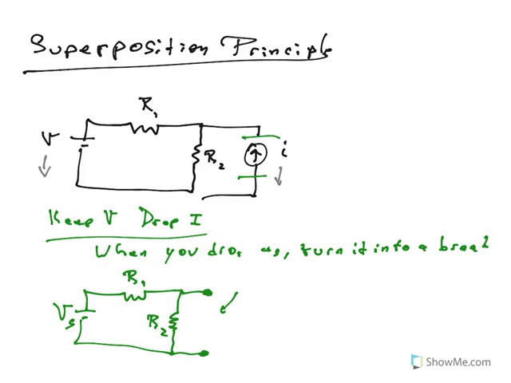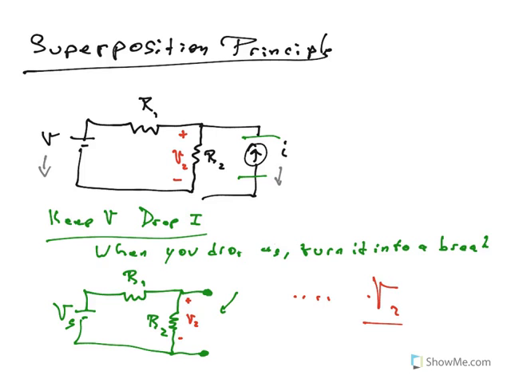And this would be the circuit you would work on, solving whatever problem it is you're trying to solve. Just for the sake of an example, pretend you want to find the voltage across R2. So you would say, okay, for this particular circuit, what's the voltage across R2? You do your work, you get some V2 due to this.